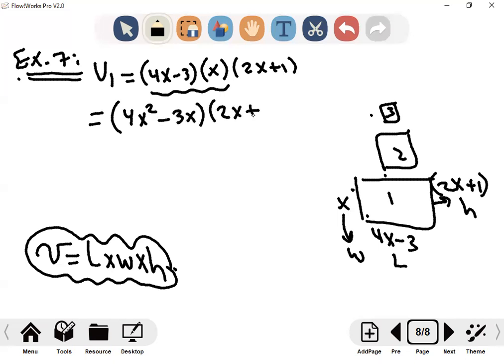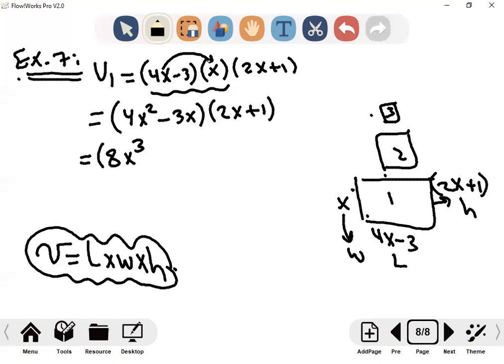Multiply by 2x plus 1. 4x power 2 times 2x is 8x power 3. 4x times x, that's x power 1 times x power 1, so 4x power 2, as we said.